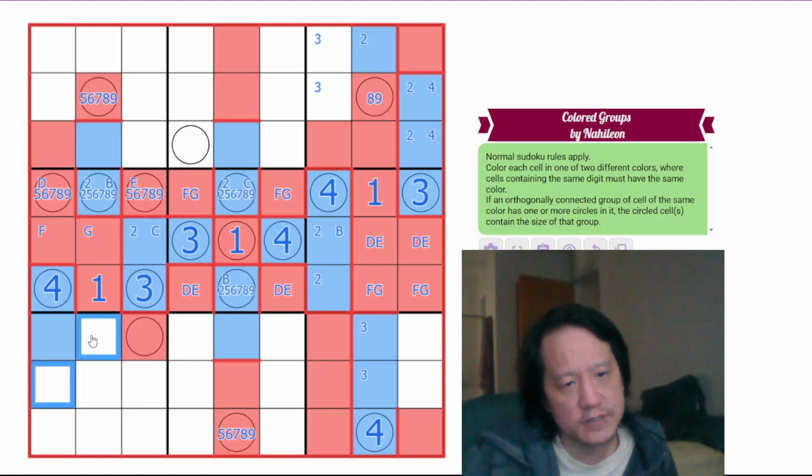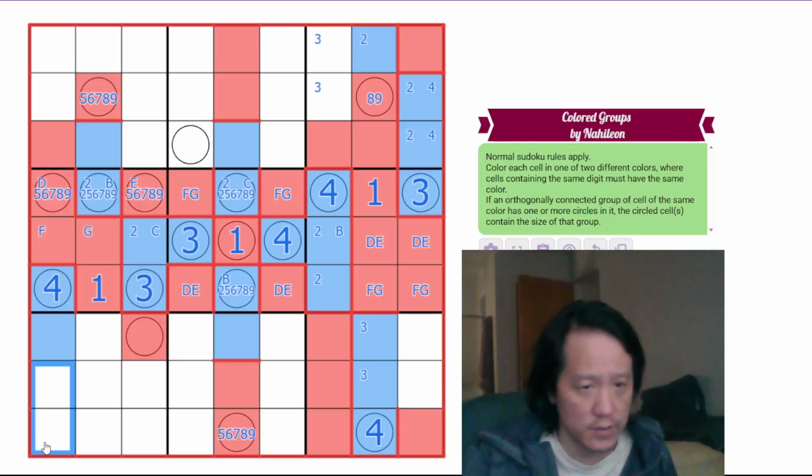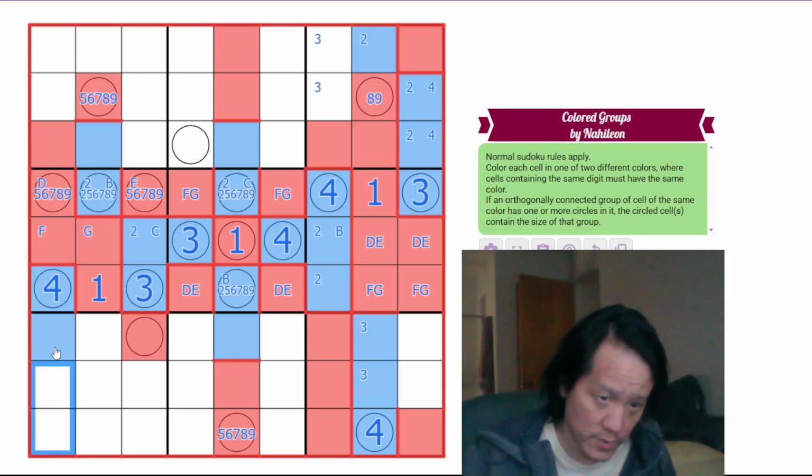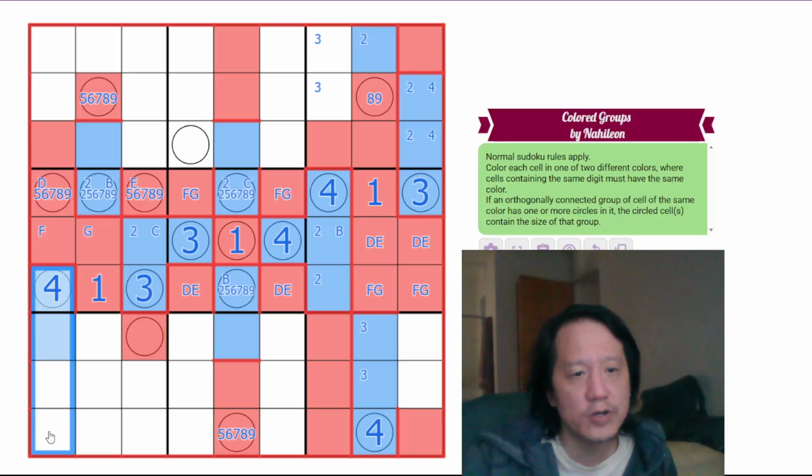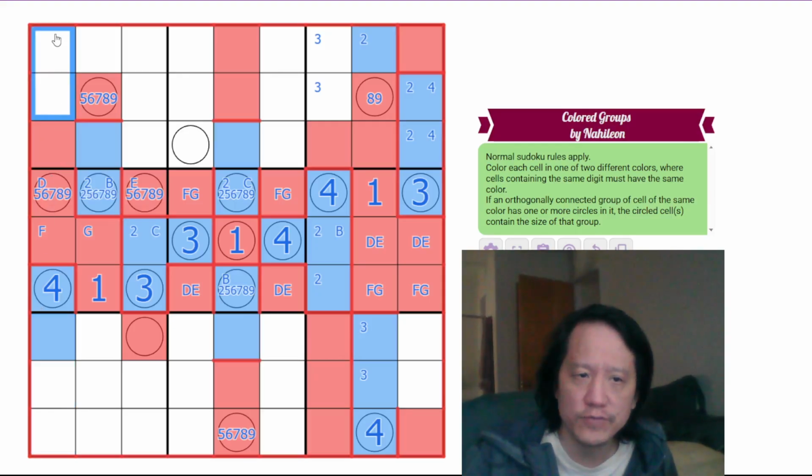Okay, this must connect one of 2. It could be here. Could be here. Could be, so 1, 2, 3, 4 could be that way. Is that possible, actually? So if this is 1, 2, 3, 4, that would force all of these to be red.